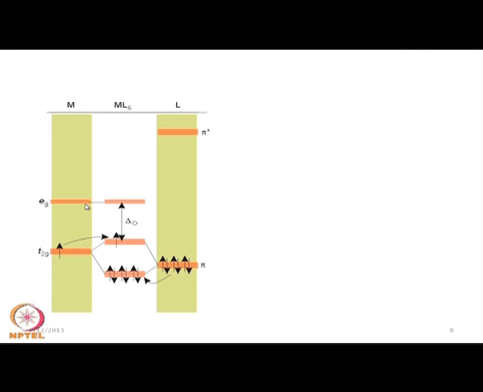Now, the same can show some pi interaction apart from the sigma interactions. In this molecular orbital diagram in octahedral geometry for an ML6 complex formation, apart from sigma bonding interactions, we allow the pi type interaction from the T2g set of orbitals and the metal pi orbitals.